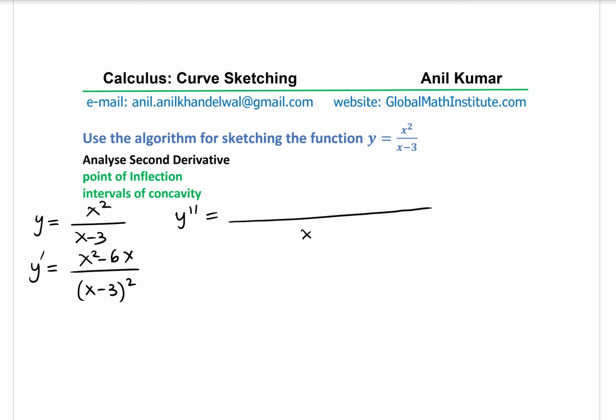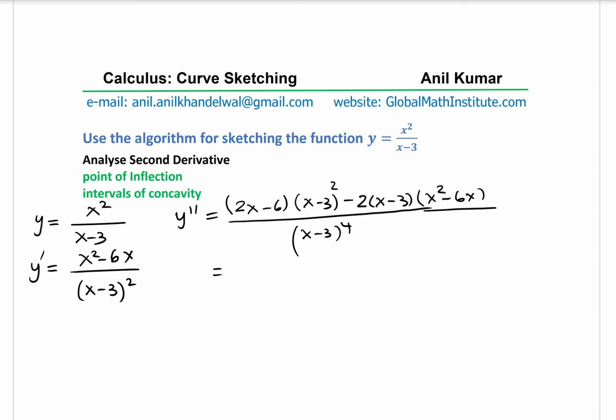So the denominator becomes (x minus 3) whole squared, squared, which will be the 4th power, right? Derivative of the numerator is 2x minus 6 times (x minus 3) whole squared, minus the derivative of this, which is 2 times (x minus 3), times x squared minus 6x, correct?